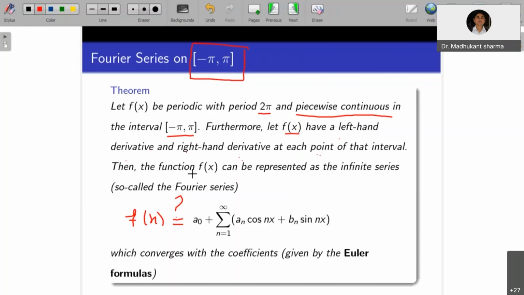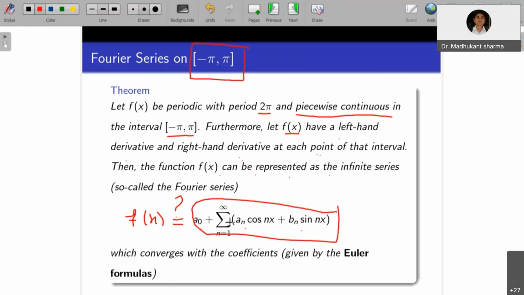Then the function f of x can be represented as the following infinite series: a naught, a n, b n. What you need to determine are a naught, a n, and b n. They are known as Euler formulas, and they are very easy to derive as well.